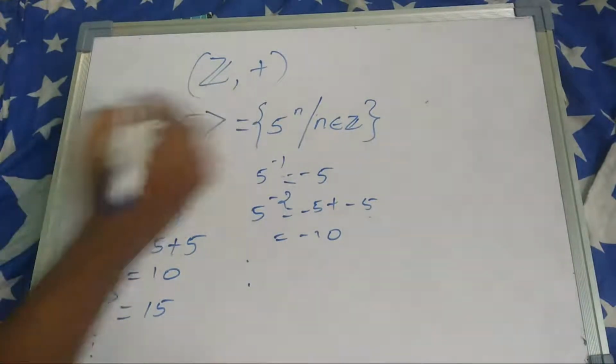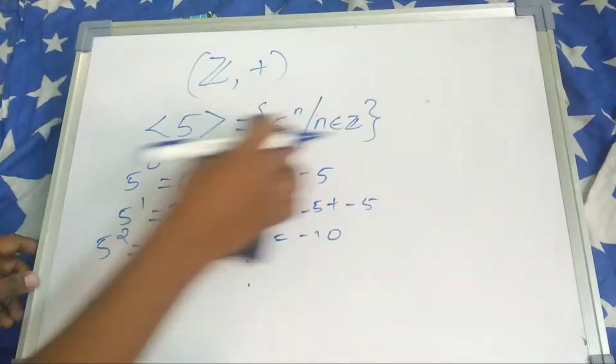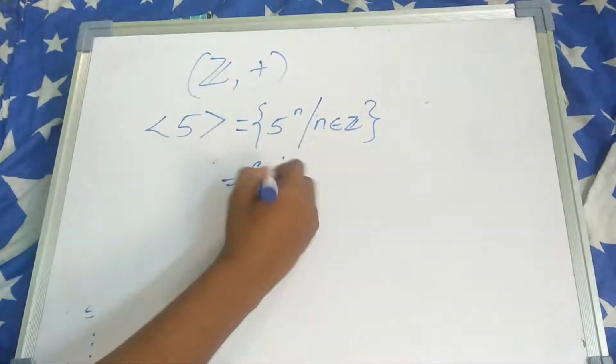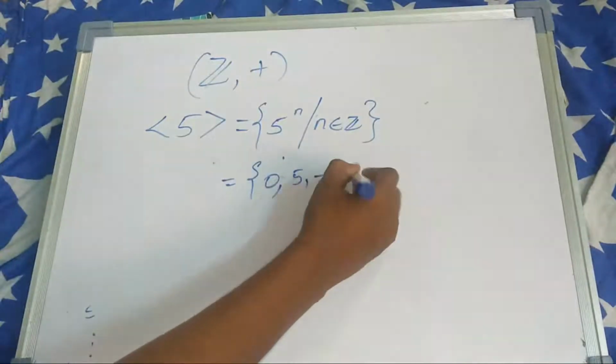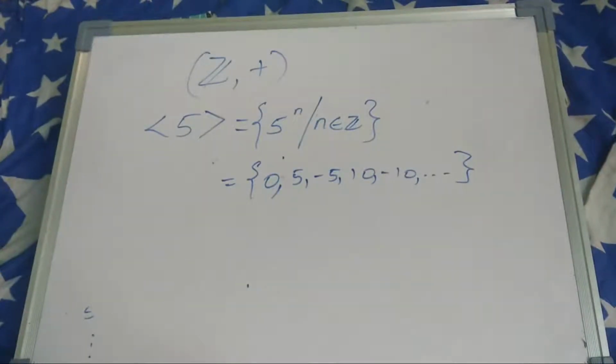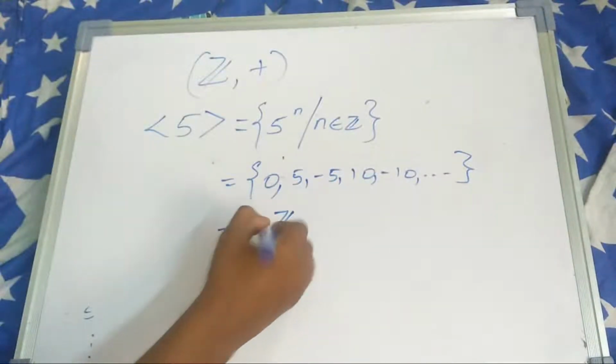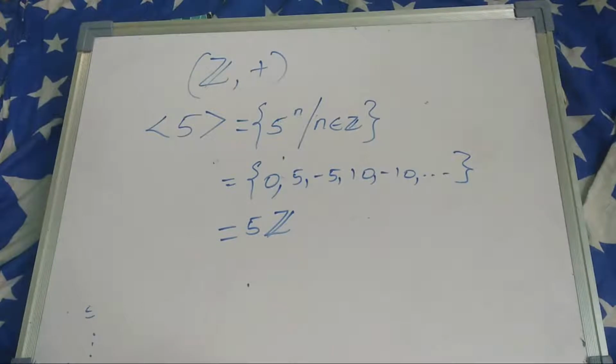So the subgroup generated by 5 will contain the elements 0, 5, minus 5, 10, minus 10, etc. This is nothing but taking the set of all integers and multiplying each element by 5. We denote this set by 5Z, that is, 5 multiplied with the set of all integers. So the subgroup generated by 5 is nothing but 5Z.